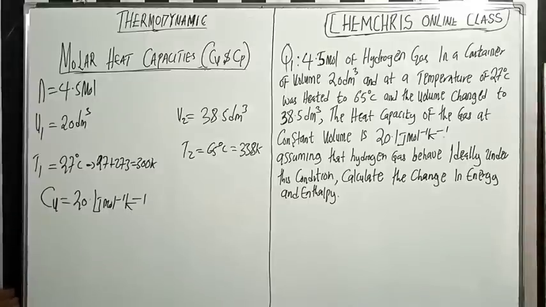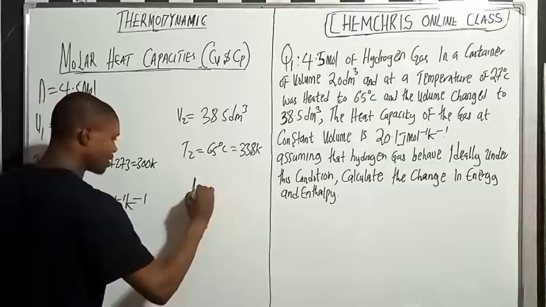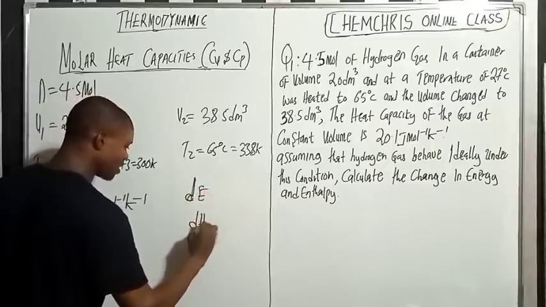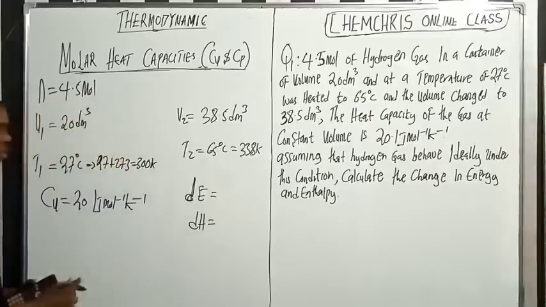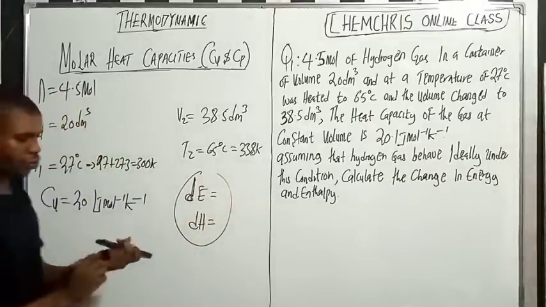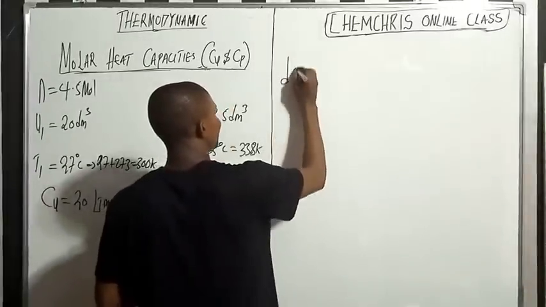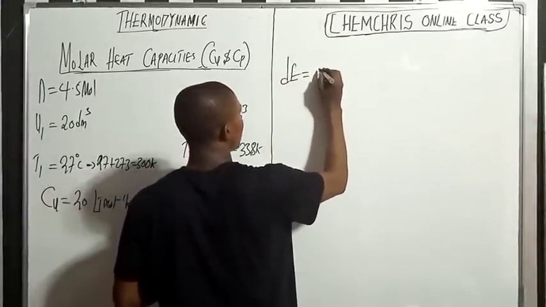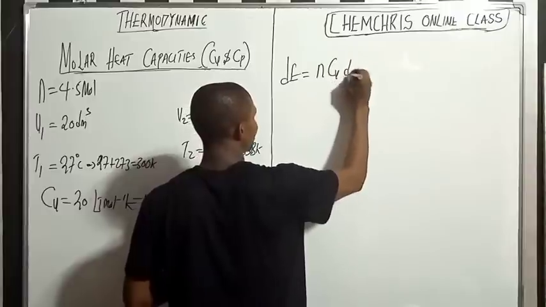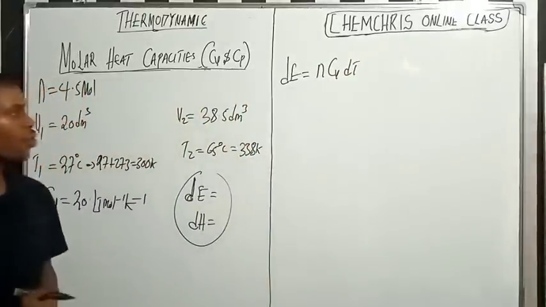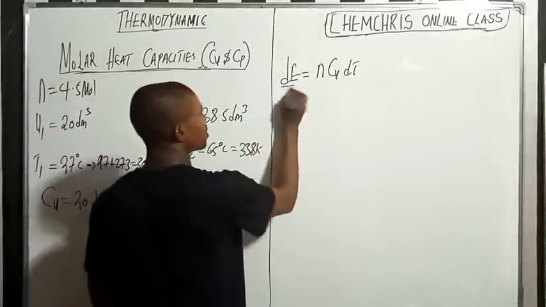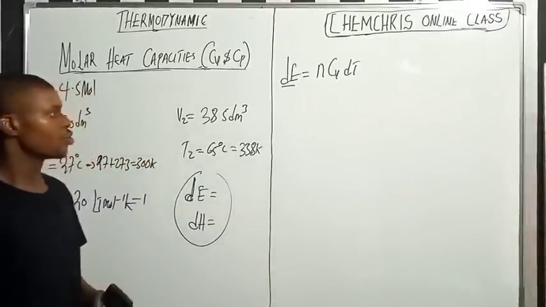Very important. They're asking us to calculate the change in internal energy and the change in enthalpy. This is what they're asking us to look for. We start with the change in internal energy because it is nCV change in T, so you can easily calculate it.